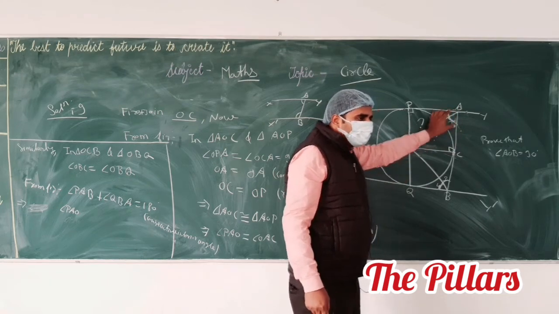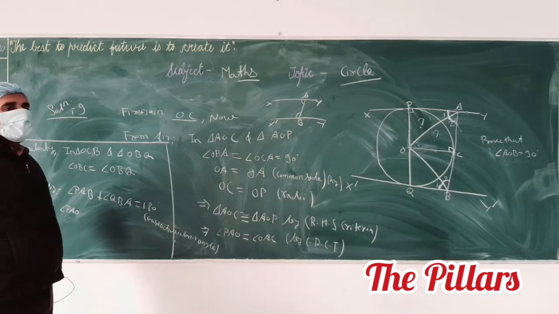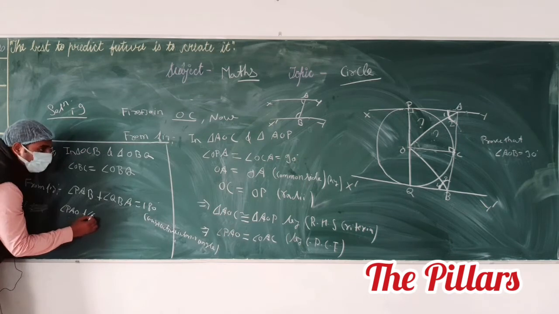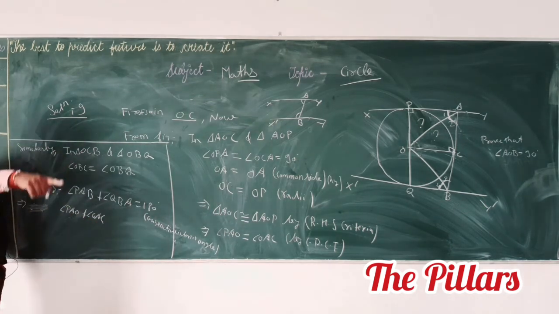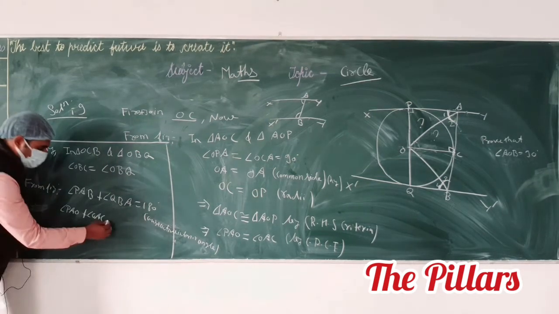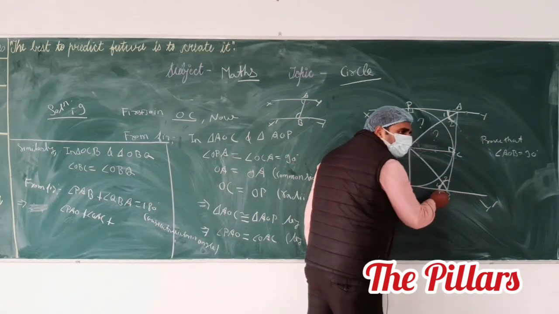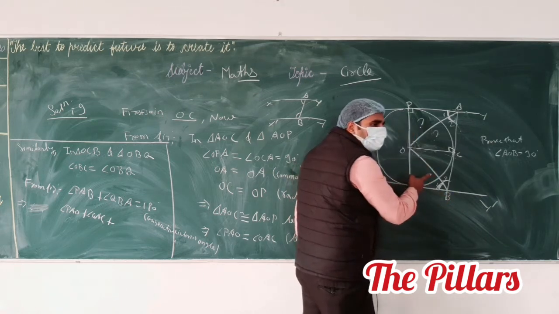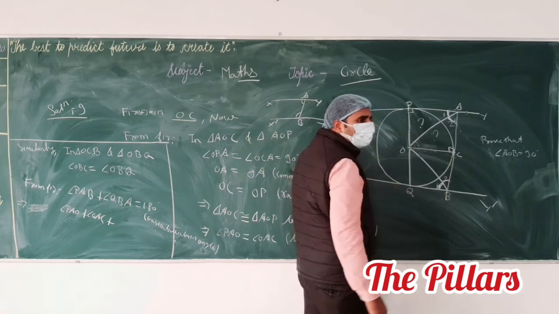Yes, sir. At the place of PAB, I have to write angle PAO plus angle OAC, plus, at the place of QBA, this whole QBA, angle 3 plus angle 4. And QBA is divided in two parts, angle OBC plus angle OBQ.